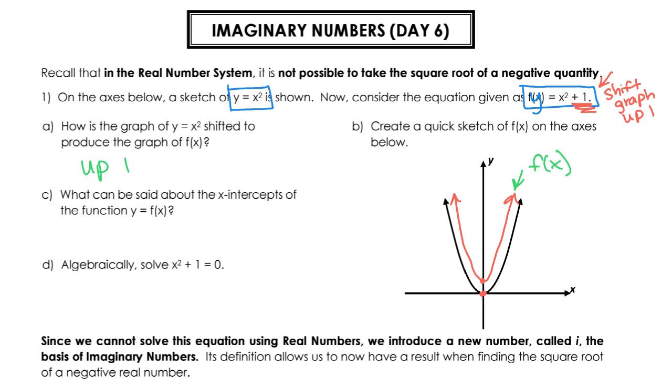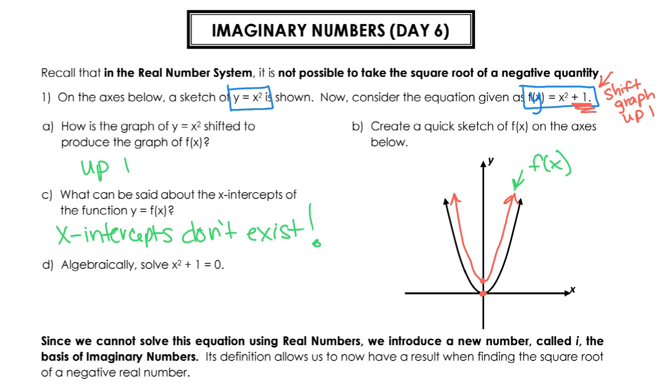Part C says what can be said about the x-intercepts of the function y equals f of x. Well, now that it's shifted up 1, it doesn't touch the x-axis, and therefore we're going to go ahead and say that the x-intercepts don't exist because it doesn't touch the x-axis. Okay. So does that mean there are no x equals or solutions?